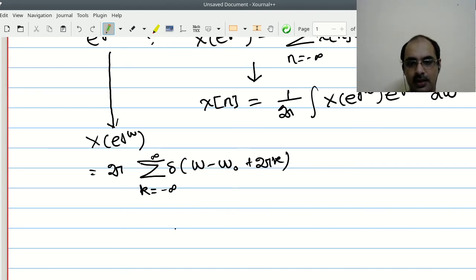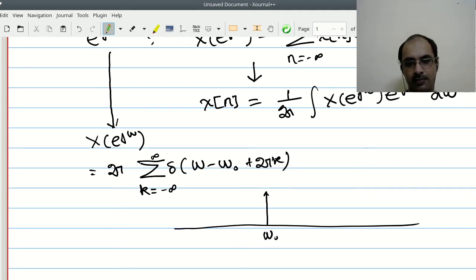Let's draw a nice picture. There is an impulse at omega naught, and at every multiple of 2 pi: omega naught plus 2 pi, omega naught minus 2 pi, and so on.